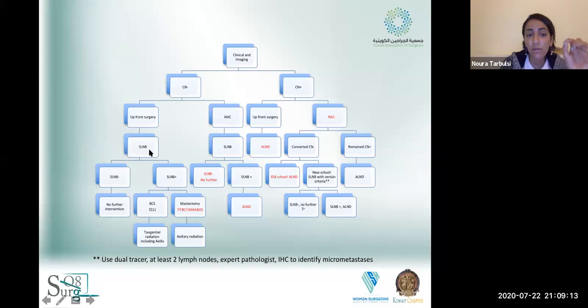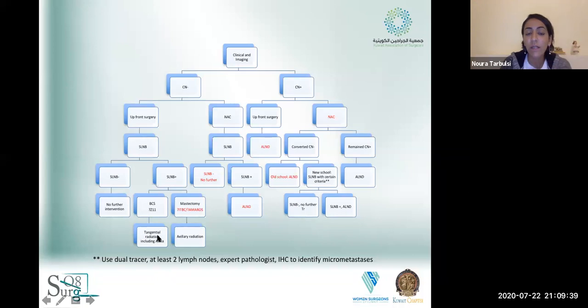If the sentinel lymph node biopsy is positive, my next question to myself, does the patient fall into the Z11 or the AMAROS trial? The Italian breast cancer was another similar study, and it showed no difference with dissection. So if my patient falls into this, even if they have a positive sentinel lymph node biopsy, no need for axillary dissection.